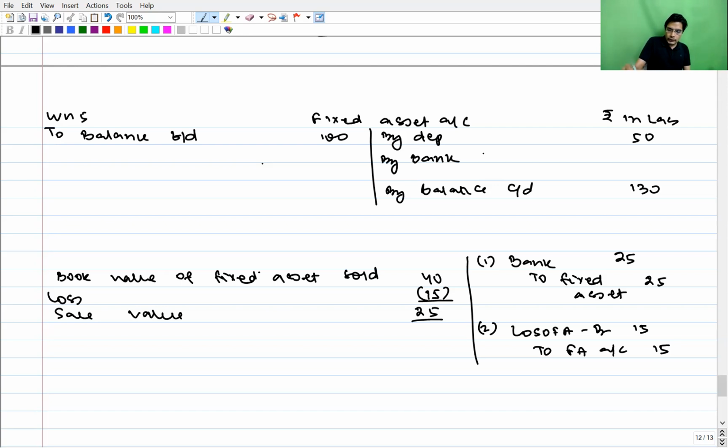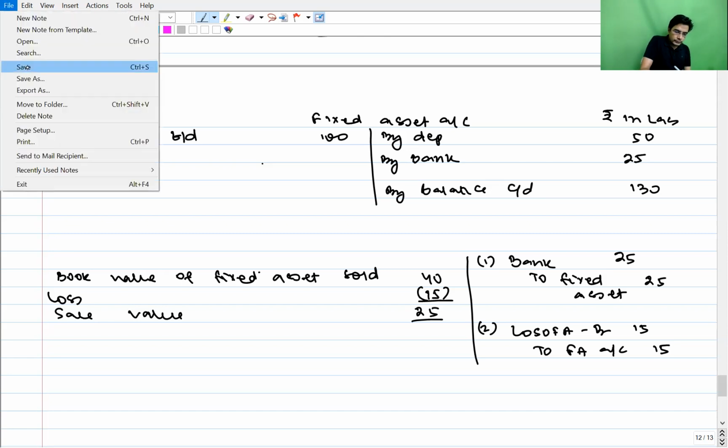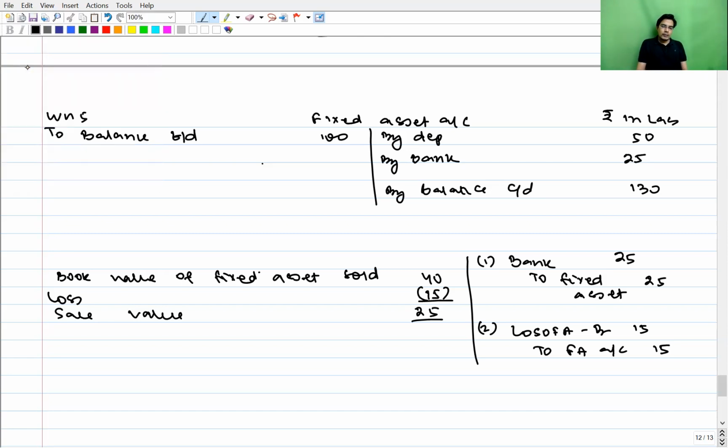Now let us do the posting of these two entries in the above ledger. By bank account, we have sold one of the fixed assets for 25. And there is a loss by loss on sale of fixed asset account of 15. This sale of fixed asset will be reported in investing activity as a cash inflow.